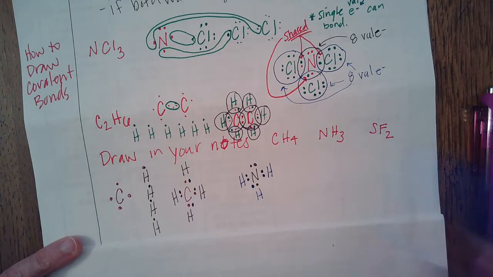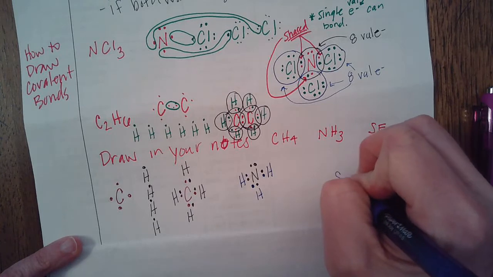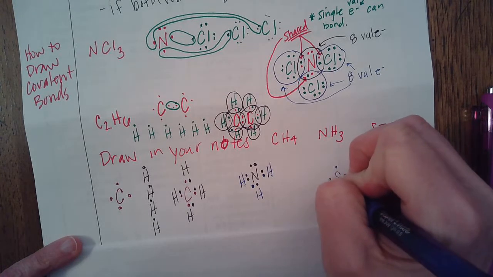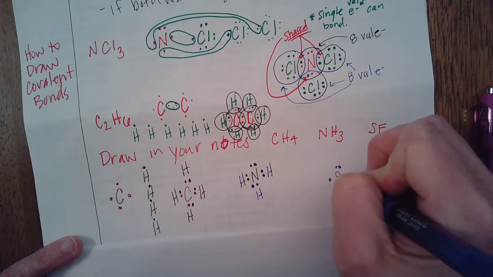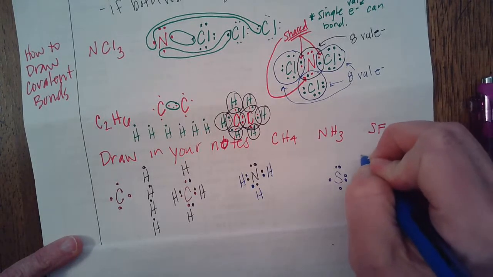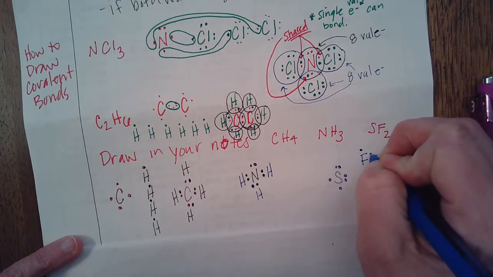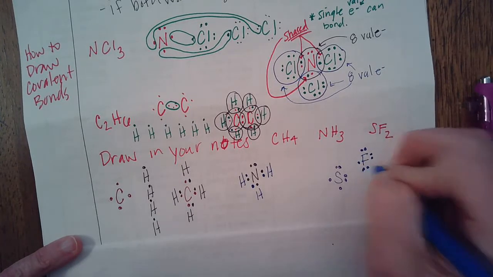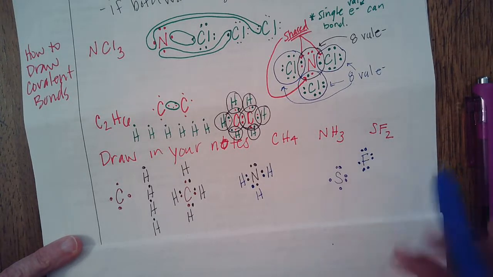And then let's do SF2. So sulfur is going to have 6 valence electrons. And so he can make 2 bonds. And then fluorine has 7 valence electrons. And there's 2 of them, right?